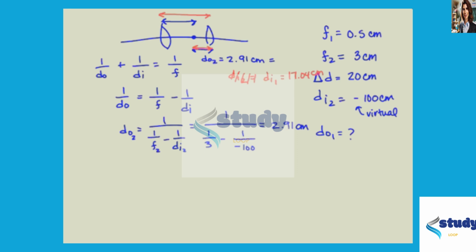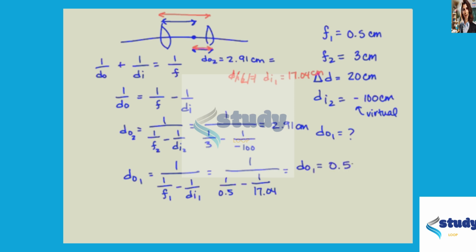So DO1 equals 1 over F1 minus 1 over DI1. 1 over 0.5 minus DI1, which we said was 17.04, gets us a DO1 of 0.52 centimeters. And that would be for part A.